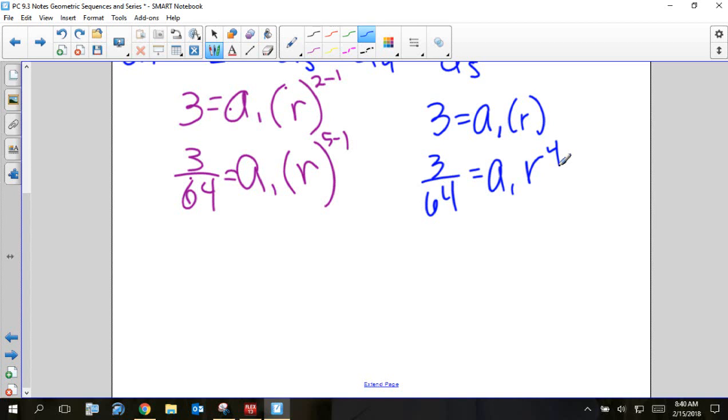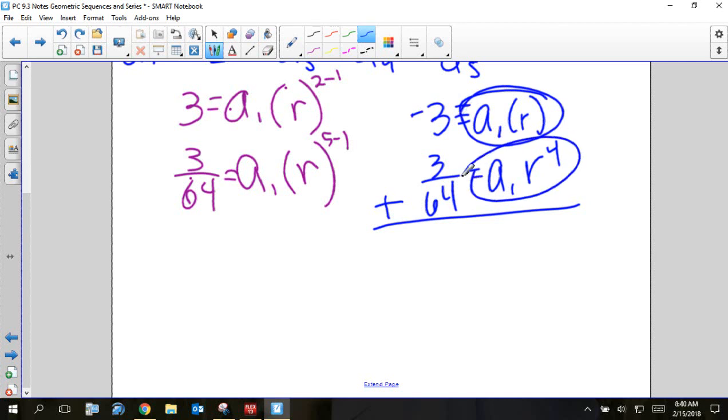I saw lots of people trying to add or subtract these, multiply by negative. You cannot add these together because this up here is one term, and to add that with this one term, they have to have the same exponent, which they do not. So elimination does not work. You have to use substitution.